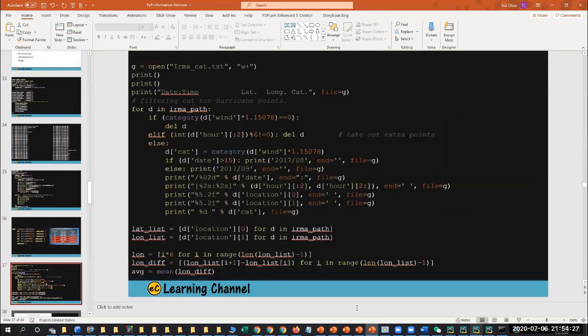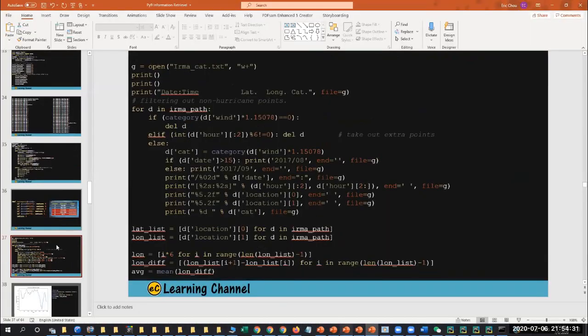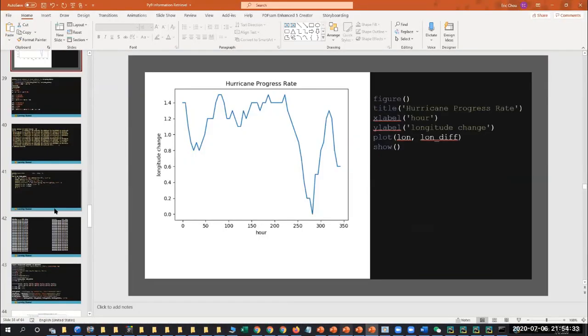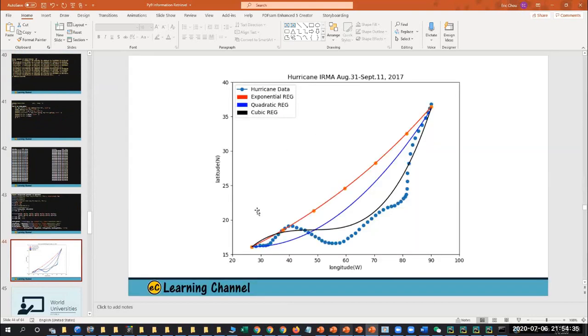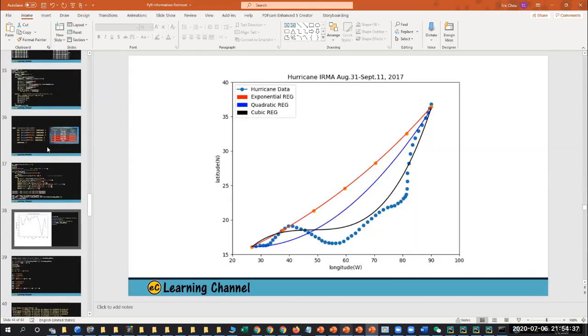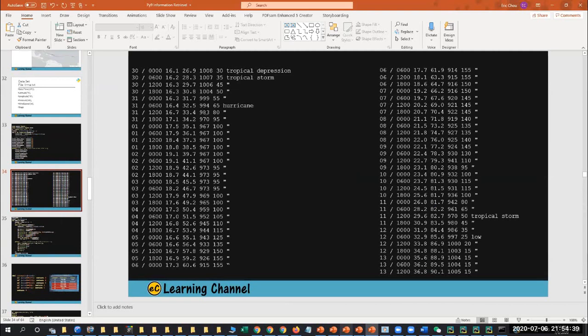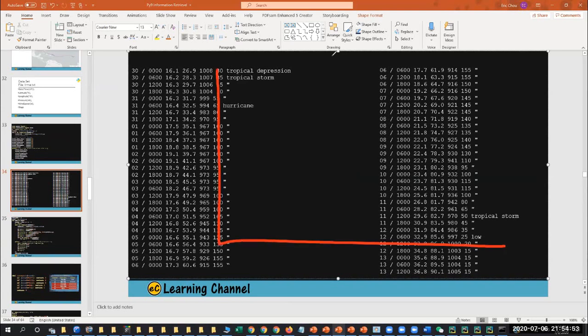And then, in the next portion, we calculate the path and its progress. This only uses latitude and longitude, but with the whole Irma set, you can do something else. You can monitor its air pressure, and also predict the air pressure over time.